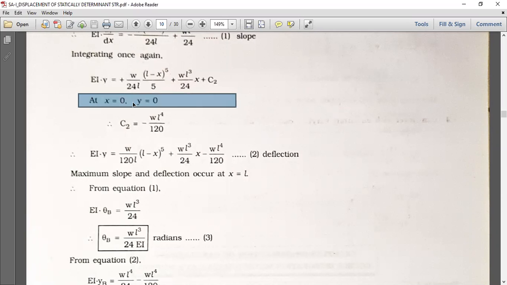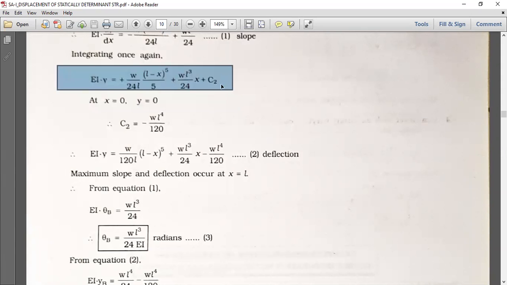Similarly, for point B, x and y are equal to 0. That's why C2 is equal to minus WL raised to 4 divided by 120. So this is the equation of deflection.